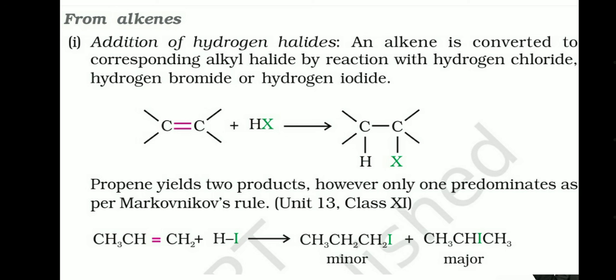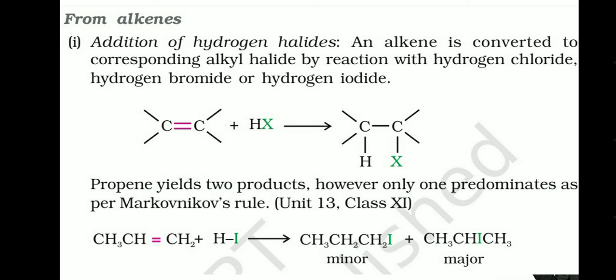Markovnikov's rule states that in the addition reaction of unsymmetrical alkenes, the negative part, that is halogen, Br minus, Cl minus or I minus of the reagent, attaches to the carbon having less number of hydrogen atoms.